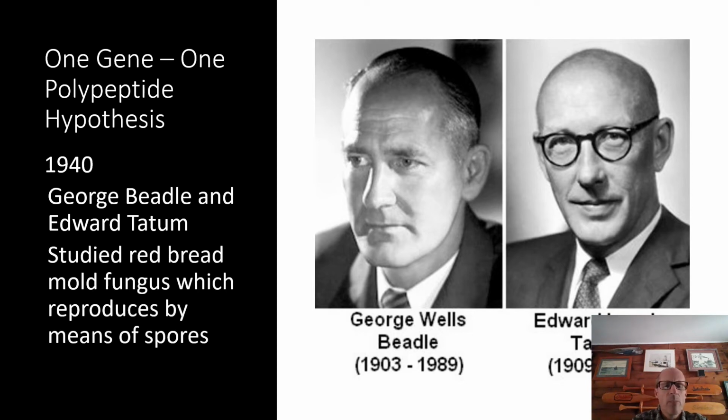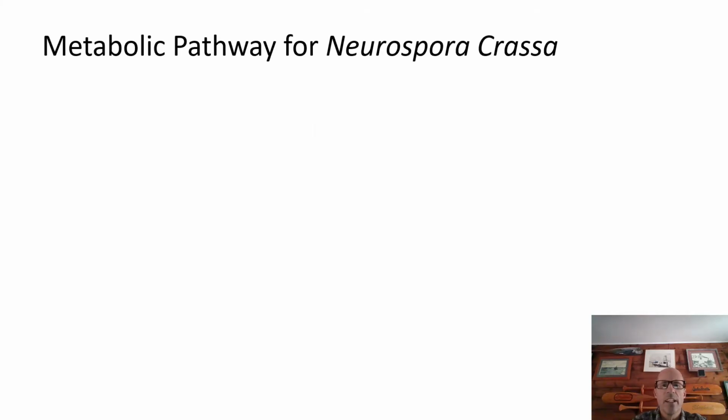And Beadle and Tatum studied the red bread mold fungus, which, if you have moldy bread, is probably the one that you've seen or even picked off a moldy piece of bread. Not that exciting to us, but to Beadle and Tatum, it was pretty important. So let's take a look at their study.